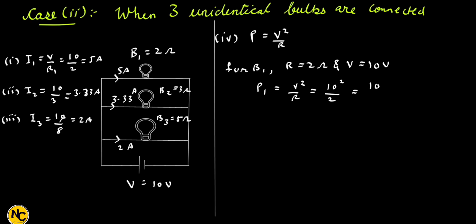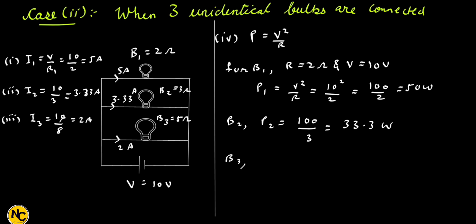So 100 upon 2 is equal to 50 watt. Similarly for bulb B2, P2 is equal to 100 upon 3, which is equal to 33.3 watt. For bulb 3, power 3 is equal to 10 square upon 5, which is equal to 20 watt.